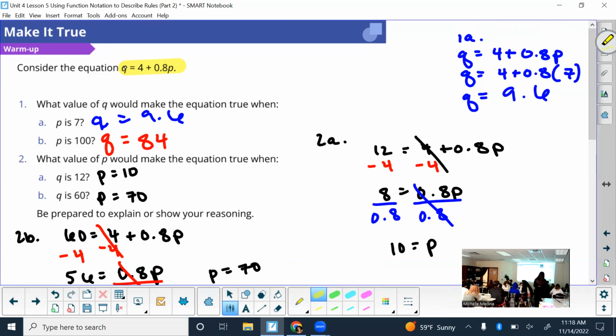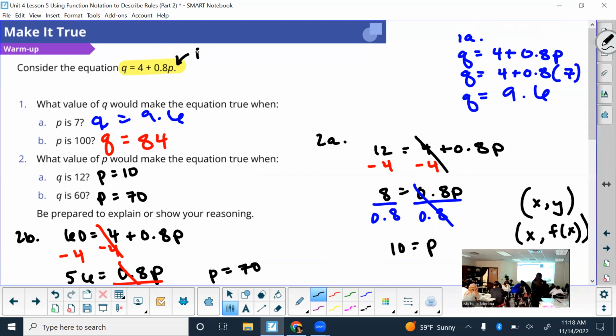What does function notation look like? F of x, okay, so instead of having it where it's normally x, y, function notation is now f of x. So like input and output. And this one, what is most likely my input, the P or the Q?